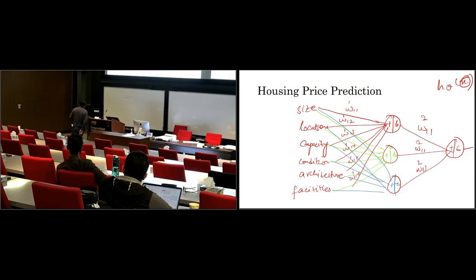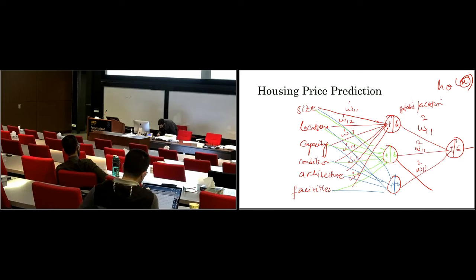So for example, maybe the combination of size, location, capacity, condition, architecture and facility define the satisfaction of the user. So maybe this would learn something like satisfaction. Okay? Maybe.